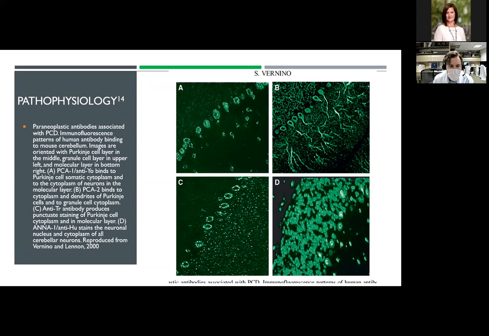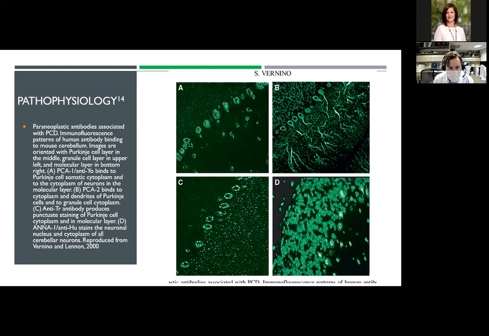So we know that these antibodies that we find in patients with cancer do bind to the cells. The top left one is the anti-Yo antibody, which was the first one discovered, also now called Purkinje cell cytoplasmic antibody, because as you can see, those circles are the Purkinje cell cytoplasm. So it's very specific to that, and you get a very specific syndrome with it.